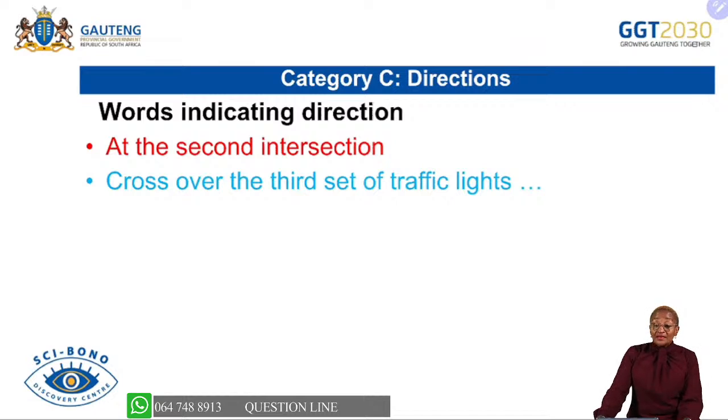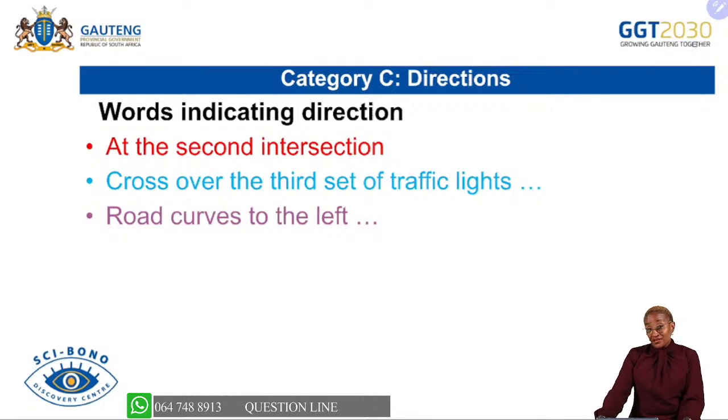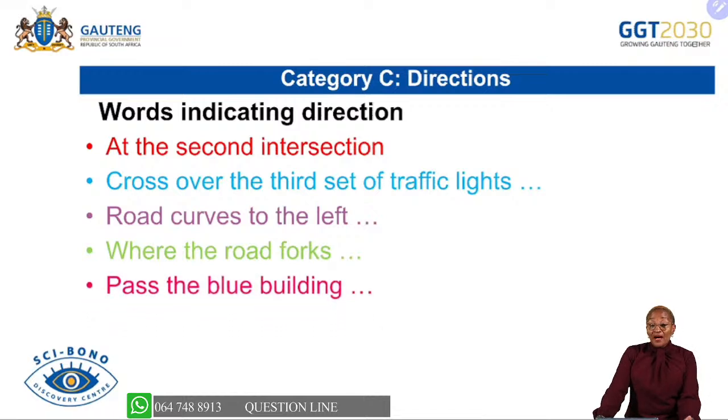Or turn left. Or turn right when you reach the third set of traffic lights. Road curves to the left or road curves to the right. Where the road forks, turn left or right. Past the blue building, that would be your landmark.